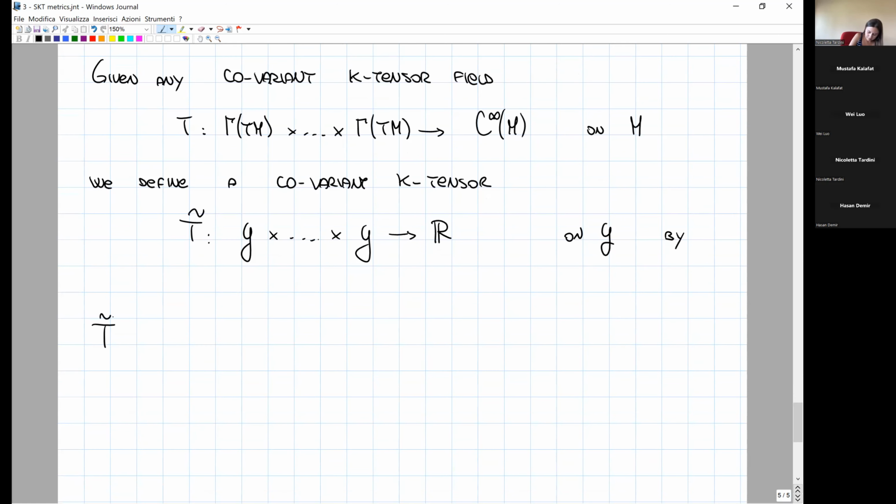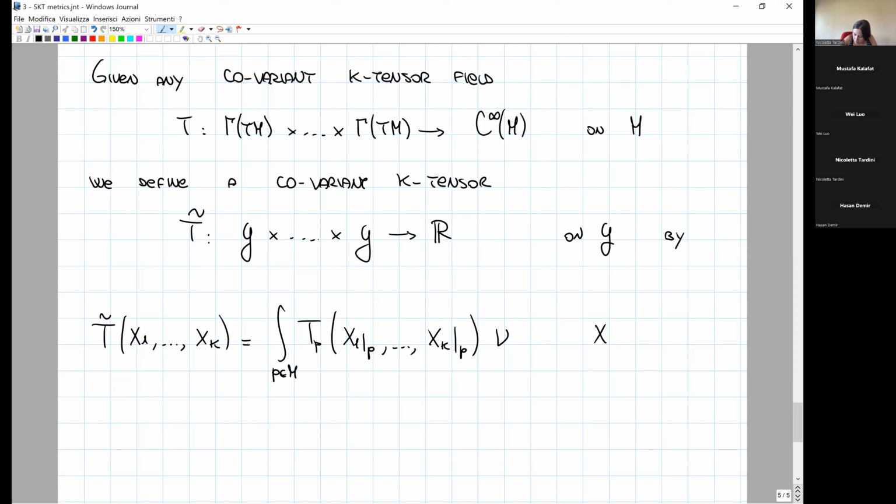T tilde of x1, ..., xk, where x1, ..., xk are elements in the Lie algebra, is defined as the integral over P in M of T, the tensor field that we have on the manifold, on x1 in P, ..., xk in P, with the volume mu. So this is the bi-invariant volume.